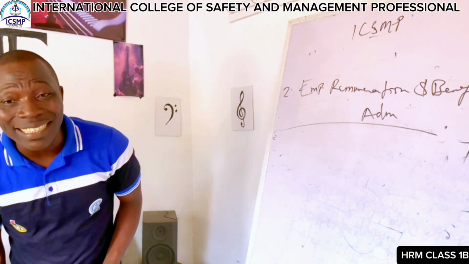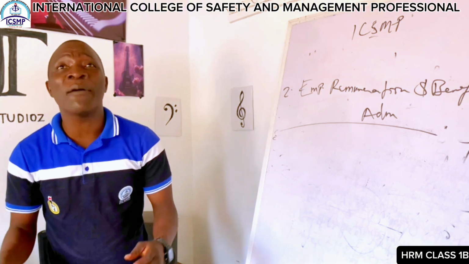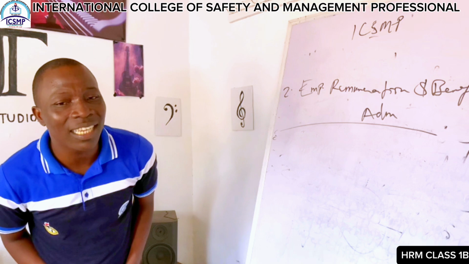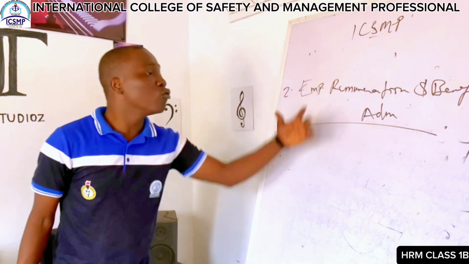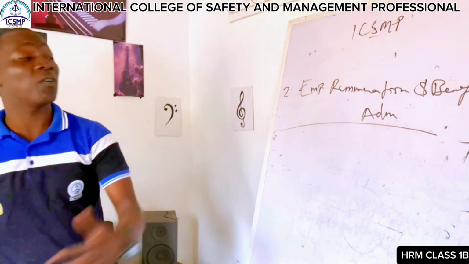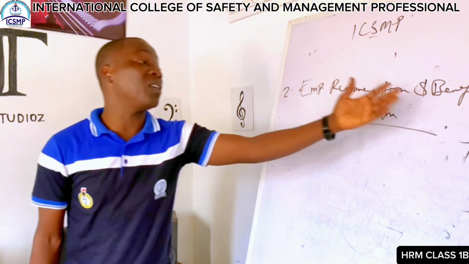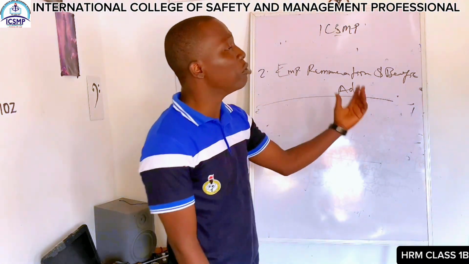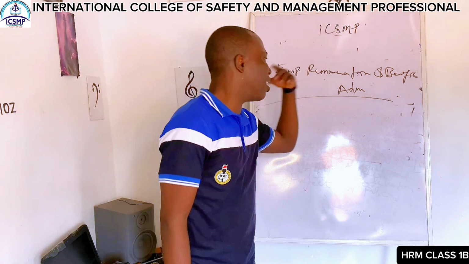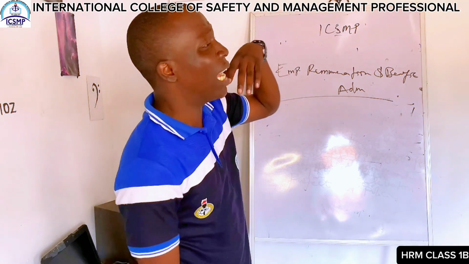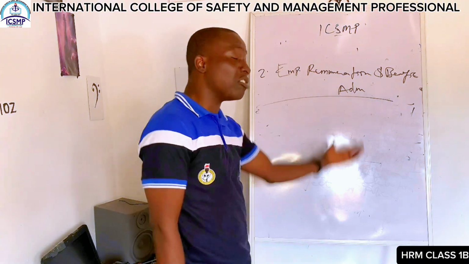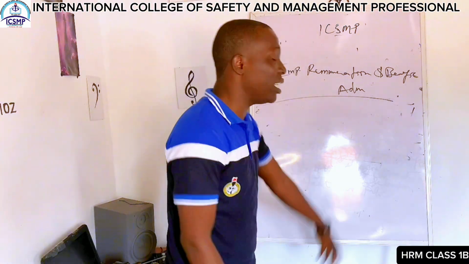Some want promotion, some want to be respected, some want this, but you can't joke with money. Permit me to use the word supernatural motivator. It is very important. So when you remunerate your employees very well, other benefits can now come in. Like maybe you are giving them a loan, some medical intervention or some training.